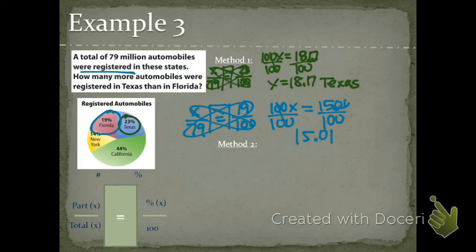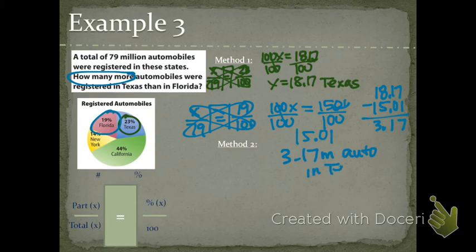Okay, keyword here said how many more in Texas than in Florida. So now we got to subtract 18.17 minus 15.01. There we go. So we get 3.16 million automobiles are registered in Texas than Florida.